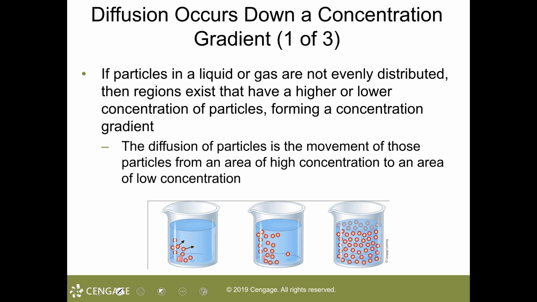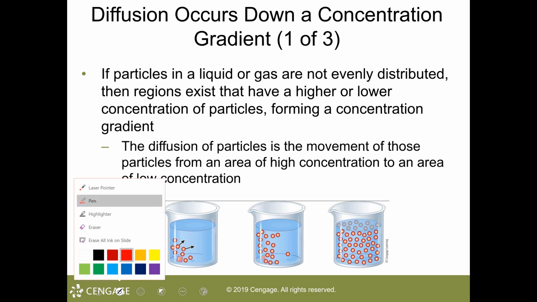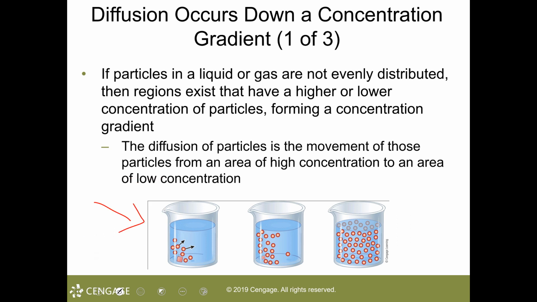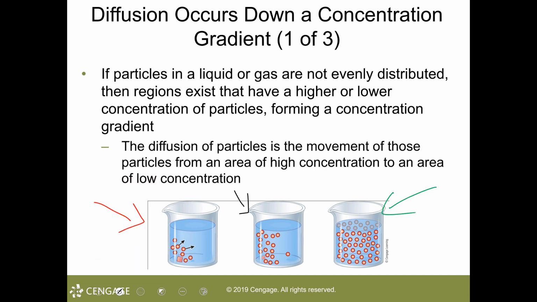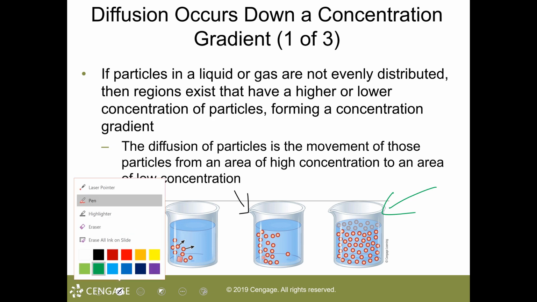So it's diffusion of particles, class, that is the movement of those particles from an area of high concentration to an area of low concentration. As you see, from point A there, to point B here, and ultimately point C there. All, class, by way of diffusion.